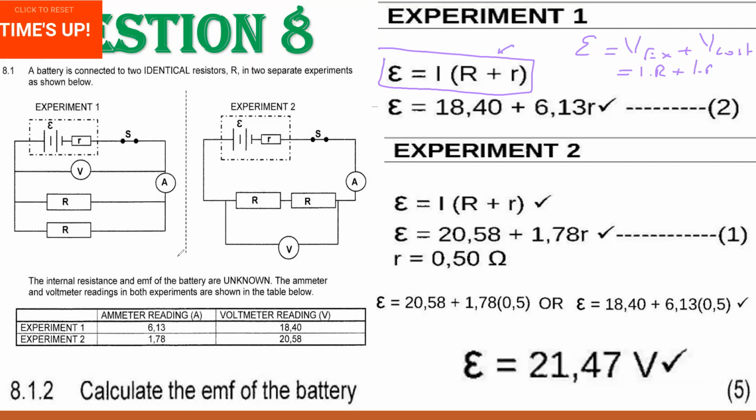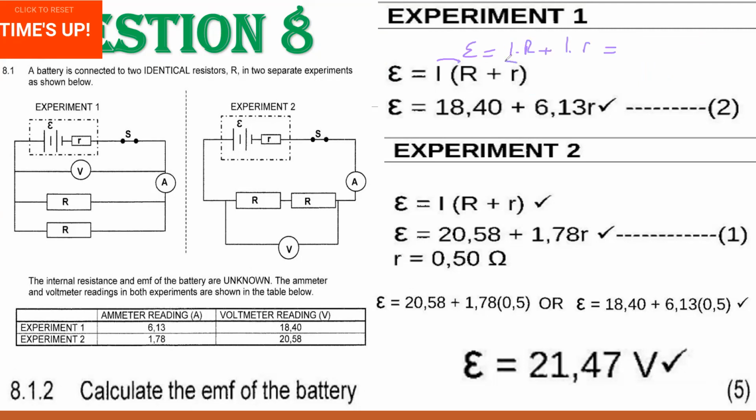And I know from this one, for experiment one, the current is 6, okay, how are they writing 18.6? Okay, let's explain that. So let's start over. EMF is equal to, if you just say this, I times R plus I times r.